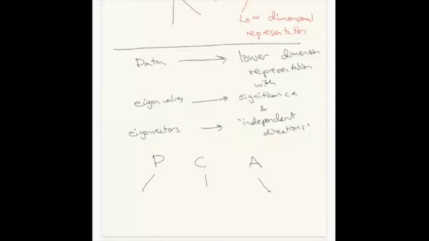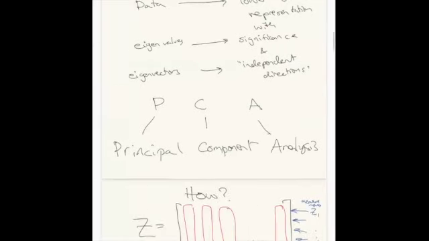This is one way of understanding it. And these lead to this so-called principal component analysis method, PCA, principal component analysis. Okay, so what does this look like in practice?